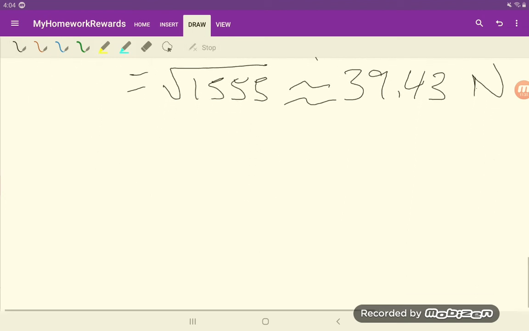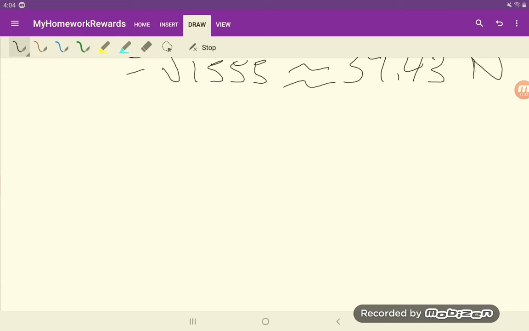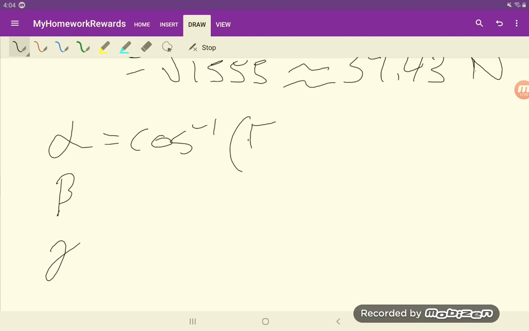Next, we want to find the directions. So if you recall, we can find the direction to each axis using cos inverse of the x component over the full force.